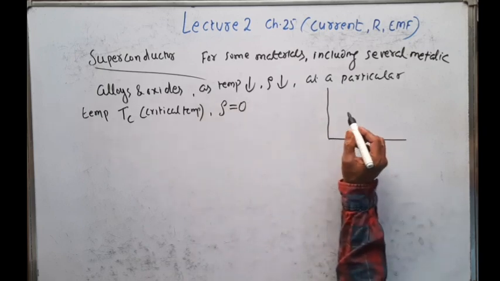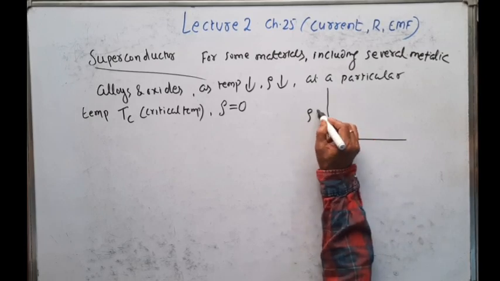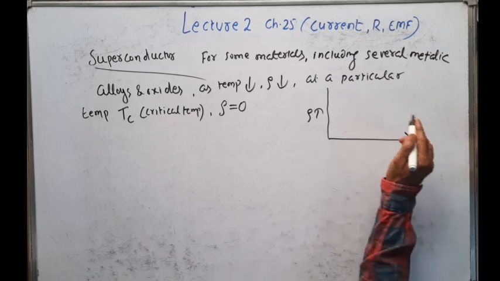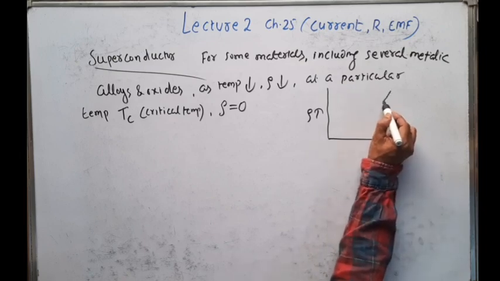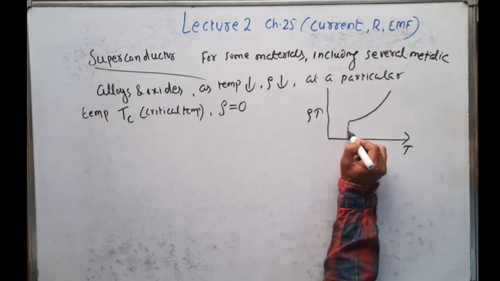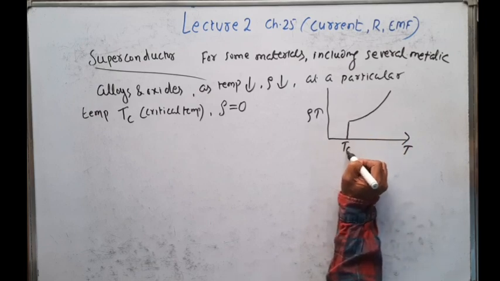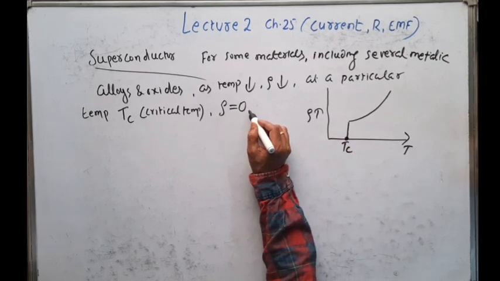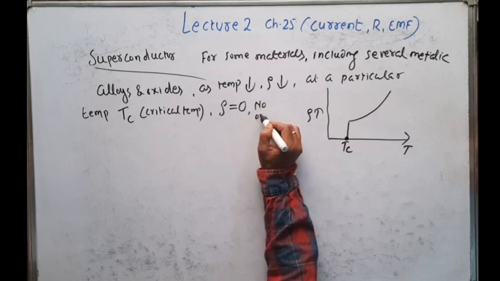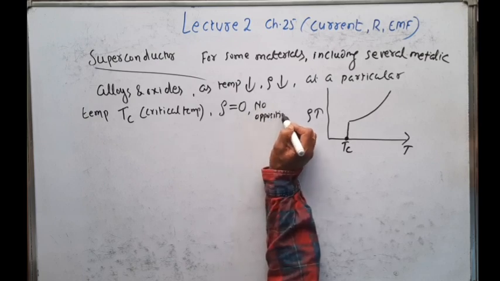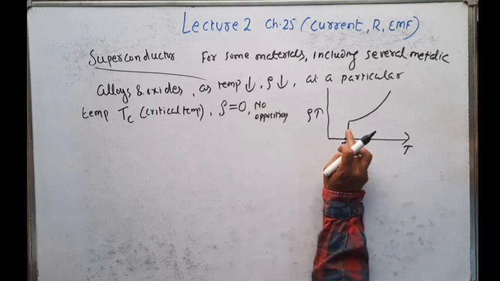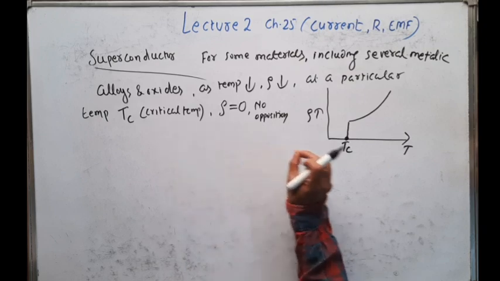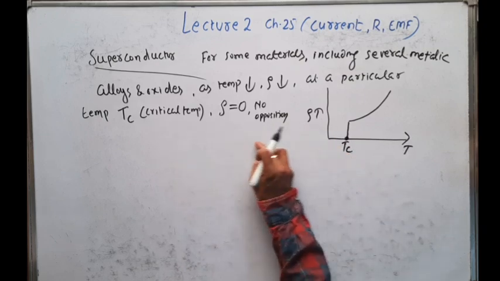If we draw the graph of resistivity versus temperature, if we increase the temperature, resistivity increases. If the temperature decreases, then resistivity decreases. So at a particular temperature, that is Tc, resistivity will be zero. If resistivity is zero, there is no opposition. So whatever current is there, it will continue. Even if you disconnect the supply, the current will continuously flow.